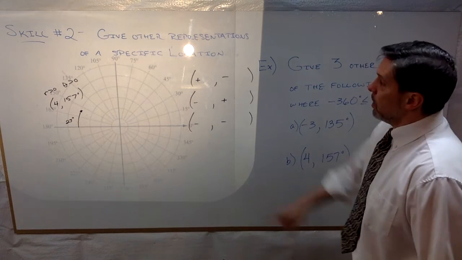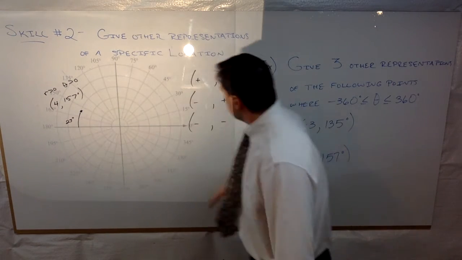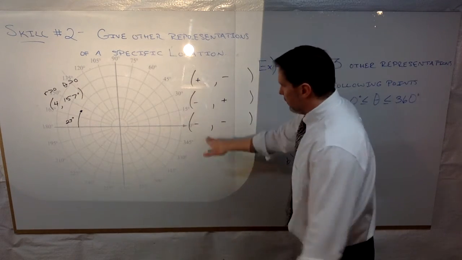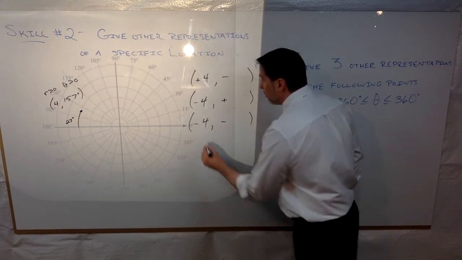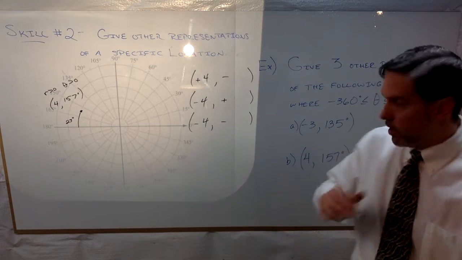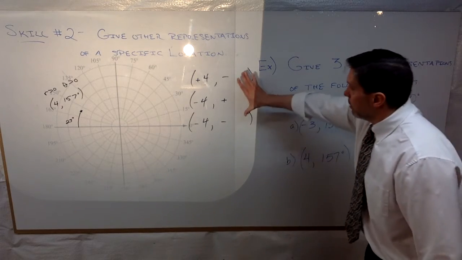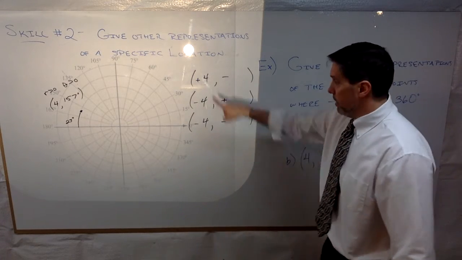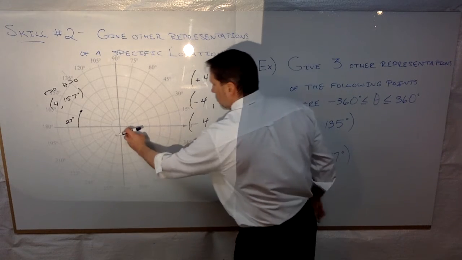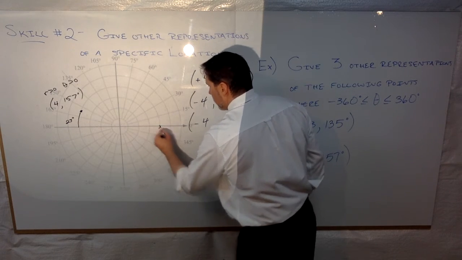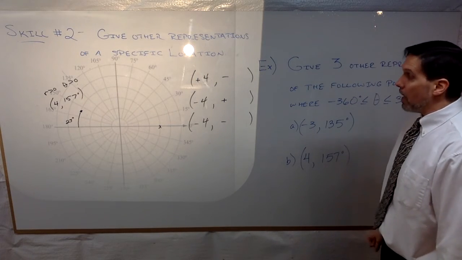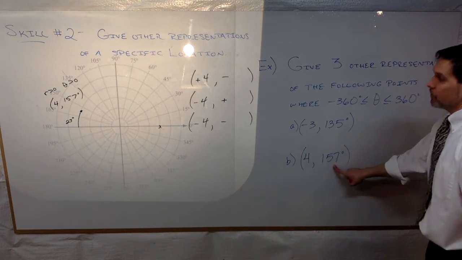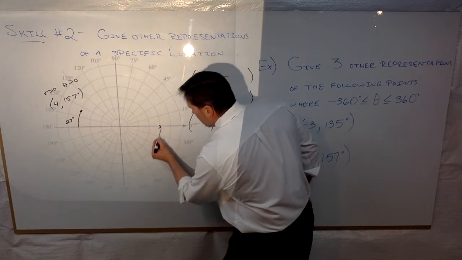Right. So, (4, 157°), well, this says positive, and again, my r is pretty much spoken for. Is it going to be 4, or negative 4? That really doesn't have much leeway there. The thetas, though, that's going to determine it. So, positive 4, so 1, 2, 3, 4, but this time don't go 157 in the counterclockwise fashion.